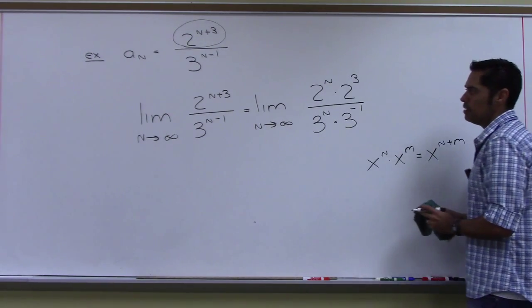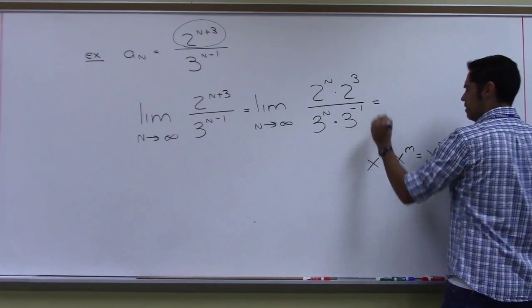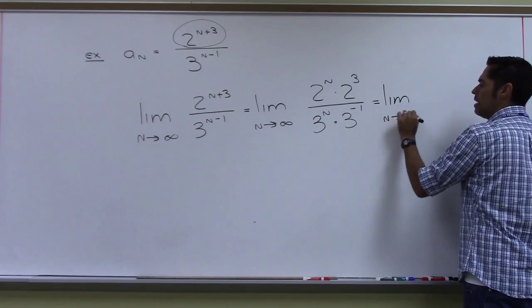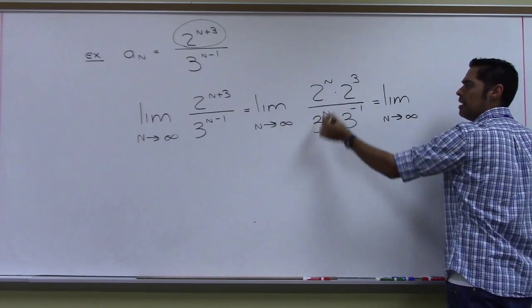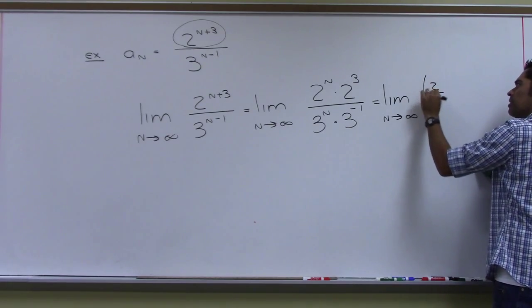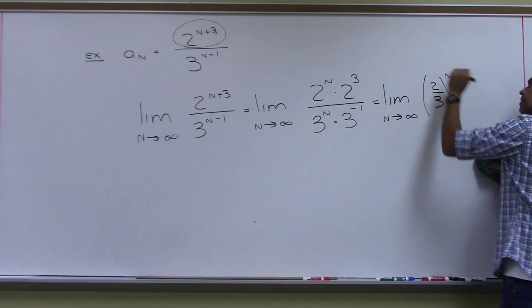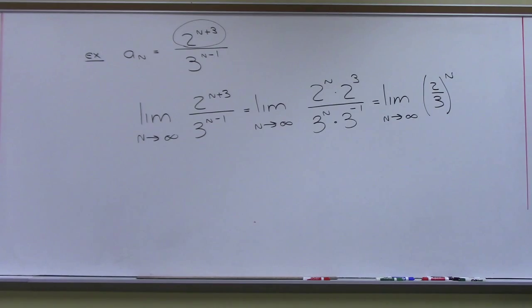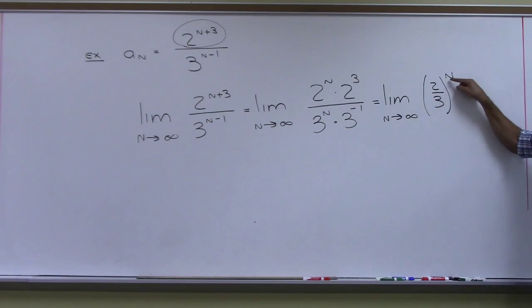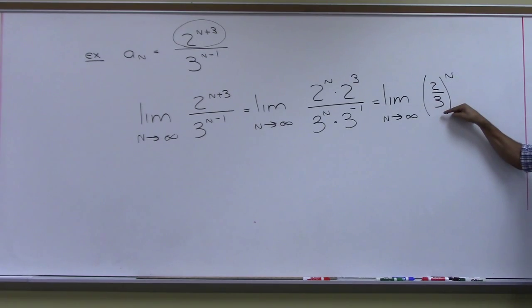Yes? I have two things now being raised to the n, don't I? 2 to the n and 3 to the n. So again, I can use properties of exponents. Couldn't I do this? 2/3 to the n, right? 2 to the n over 3 to the n is the same as 2 over 3 to the n, because you would do n on both of them.